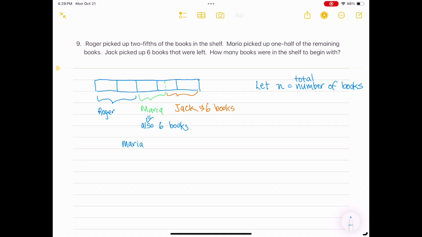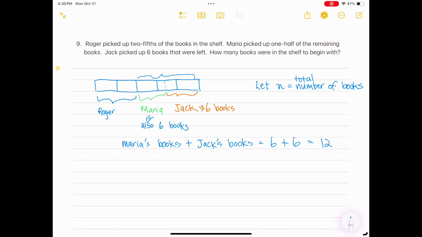So from the picture, we see that Maria's books and Jack's books would be 6 plus 6 books, or 12 books. I refer back to the fraction rod and mark out the 3/5 of the books that are Maria's and Jack's.